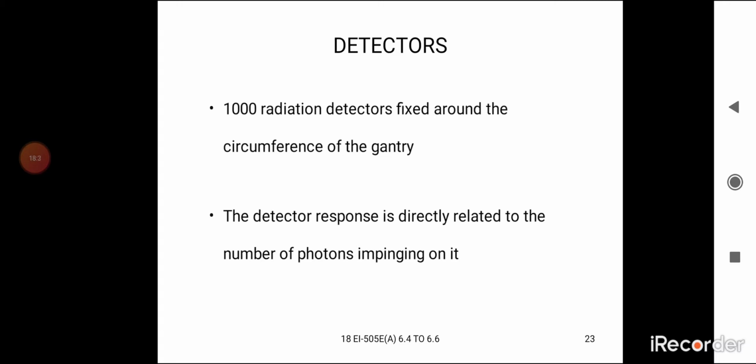The detector response is directly related to the number of photons impinging on it.